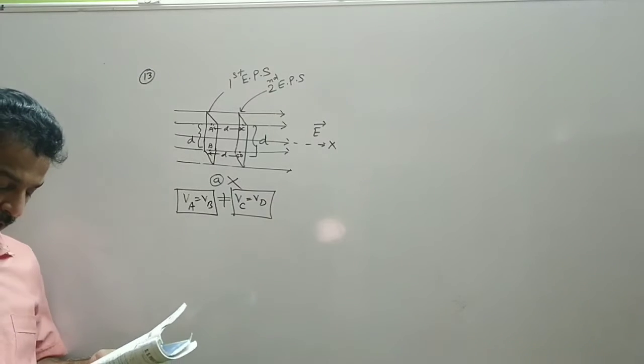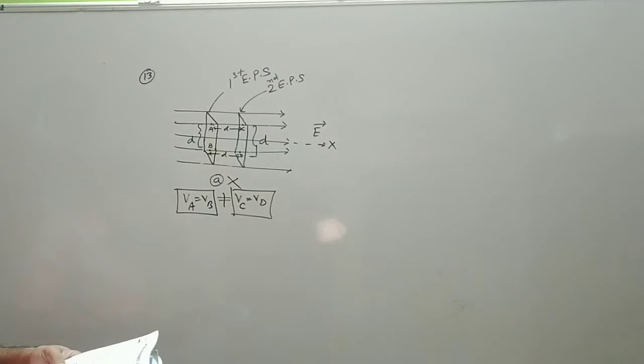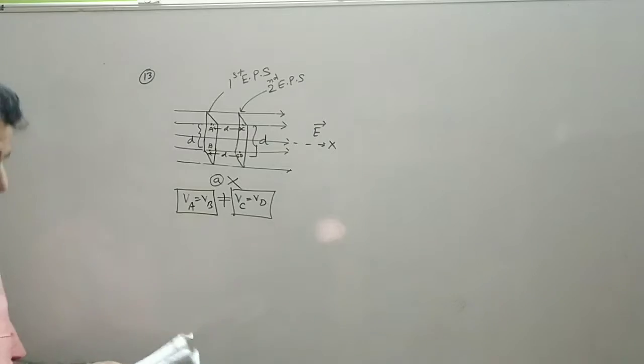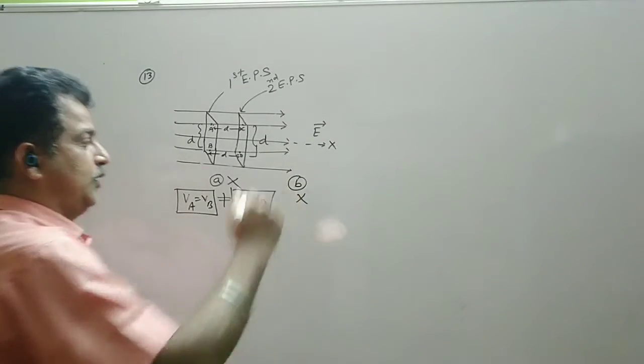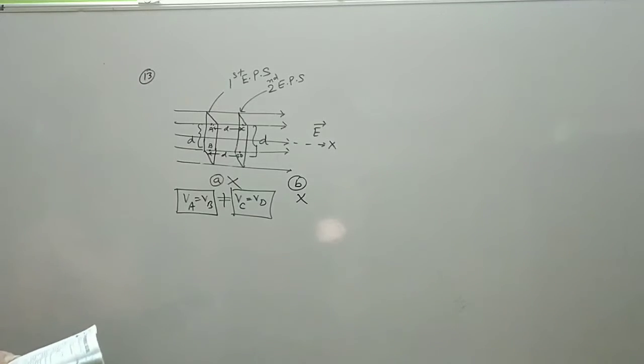So it is not always correct that pairs of points separated by the same distance must have the same potential difference. So option B is also eliminated.